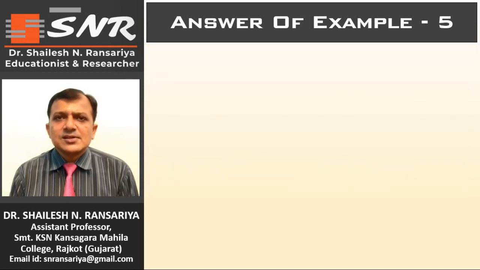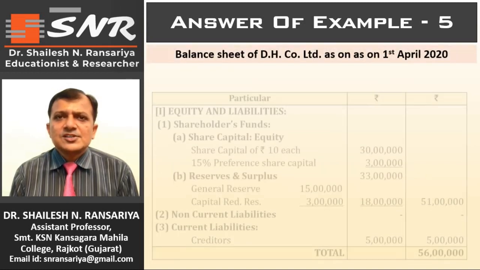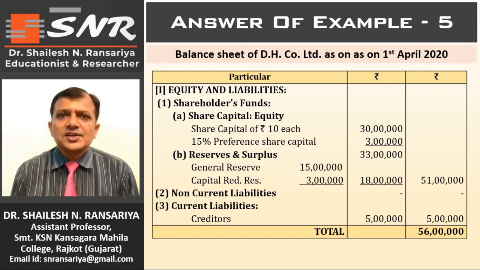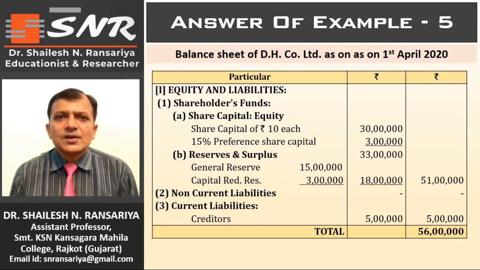Now the balance sheet. Balance sheet of DH Company Limited as on 1st April 2020. In the equity and liability side, first shareholders fund, under that first share capital: equity share capital of rupees 10 each 30 lakhs, 15% preference share capital 3 lakhs, total 33 lakhs.